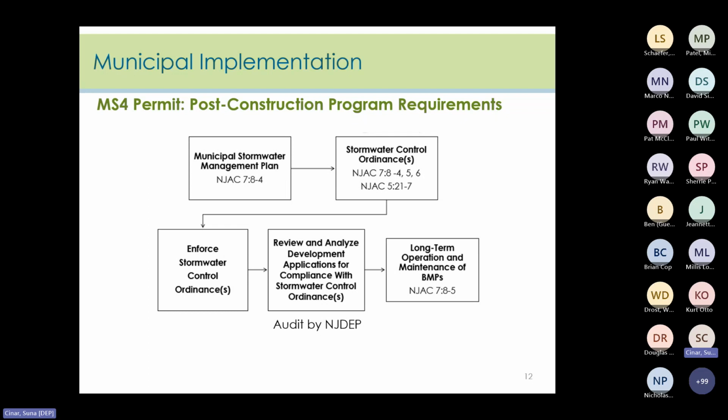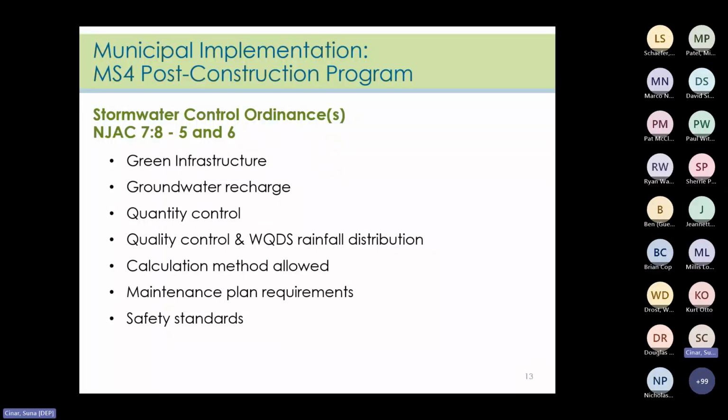An SCO must meet the requirements of the stormwater rules as found in subchapters 4, 5, and 6. The department even created a model SCO for the municipalities to use as a template. Let's take a look at what is in that model. The SCO must include the design and performance standards for stormwater management measures found in subchapter 5 of 7:8.